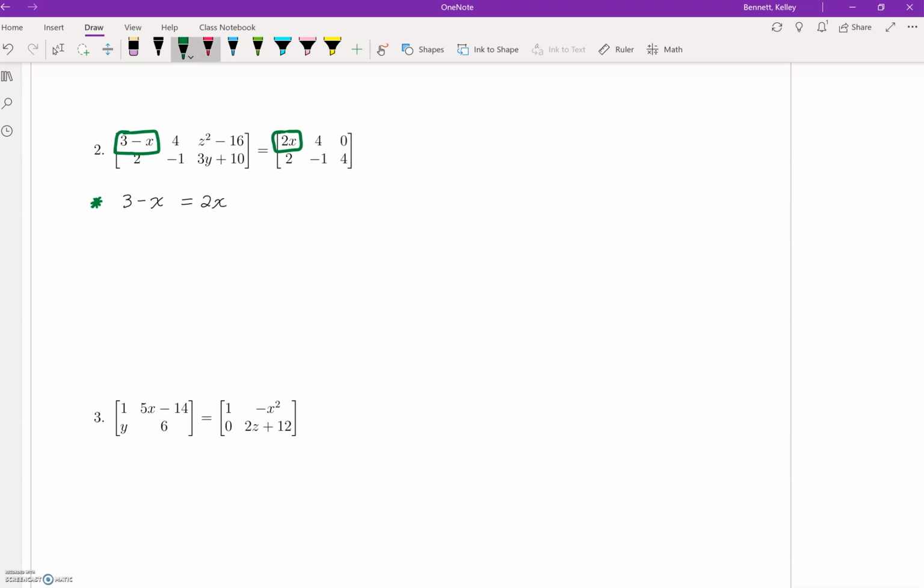We also know that z squared minus 16 needs to equal 0. And we have one final equation, which is going to be that 3y plus 10 needs to equal 4.